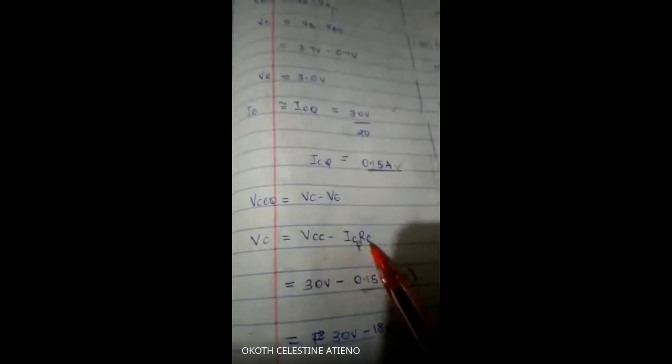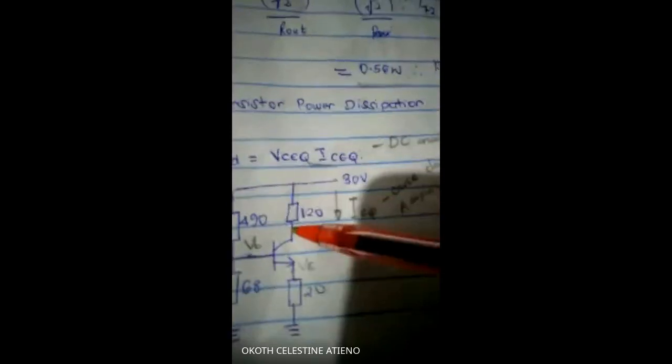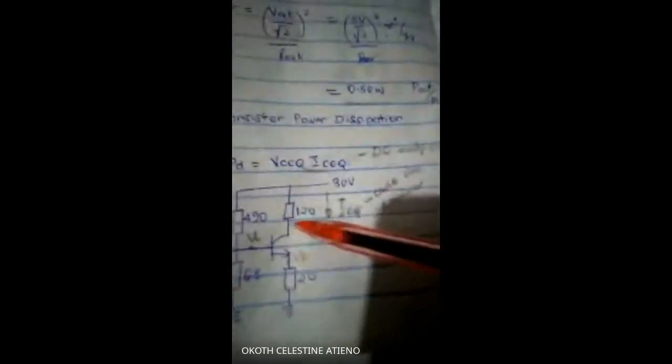Now you already have ICQ, so let's get VCEQ. VCEQ is VCC minus ICQ times the collector resistance, so 30 minus 0.15 times 120. You need to get your VC, and VCQ is 12 minus that. So we have VCQ and ICQ: 9 times 0.15 gives 1.55. So this is our power dissipation.